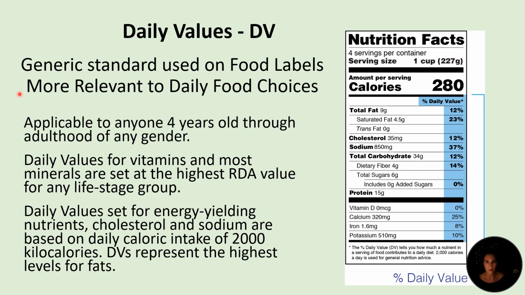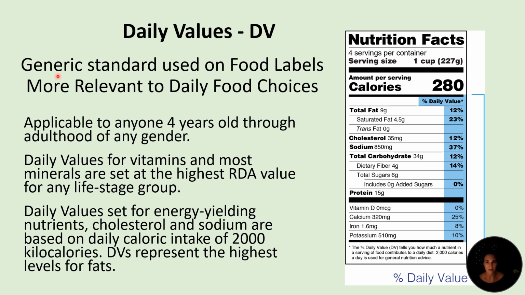We can't have every single person's specific age and gender group. We can't have the DVs for everybody on a label. That would take up way too much space and would not be very cost effective. So we have to have a generic standard.